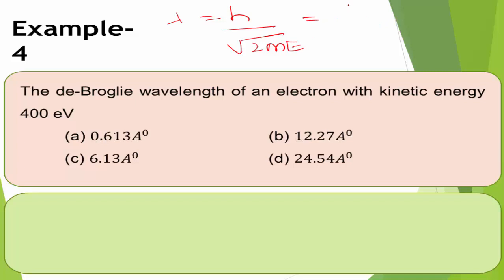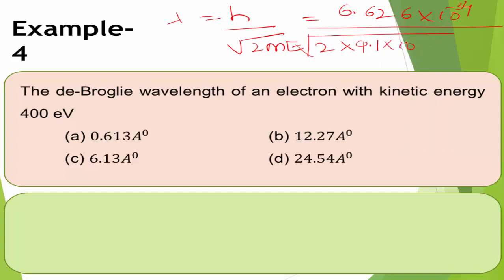Substitute the values here: 6.626 into 10 to the power of minus 34 divided by root of 2 into the mass of the electron, 9.1 into 10 to the power of minus 31 kg, into 400 electron volt, that is 400 into 1.6 into 10 to the power of minus 19.